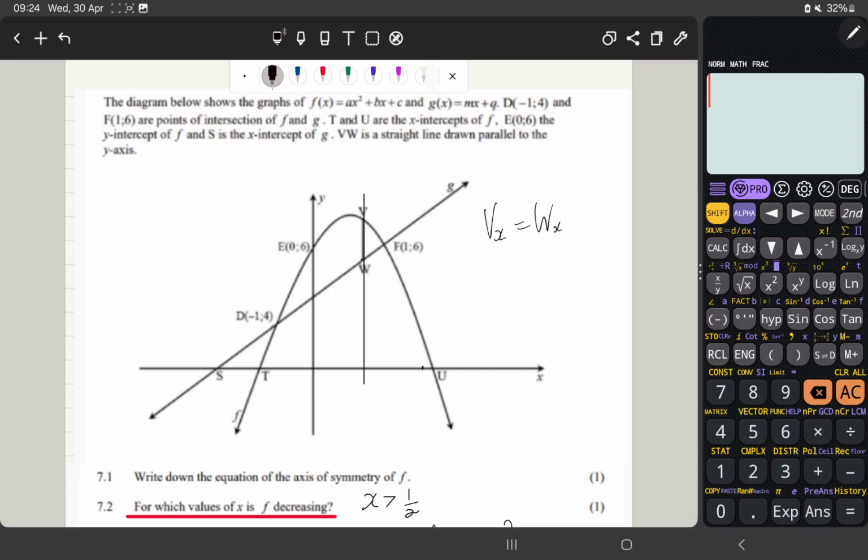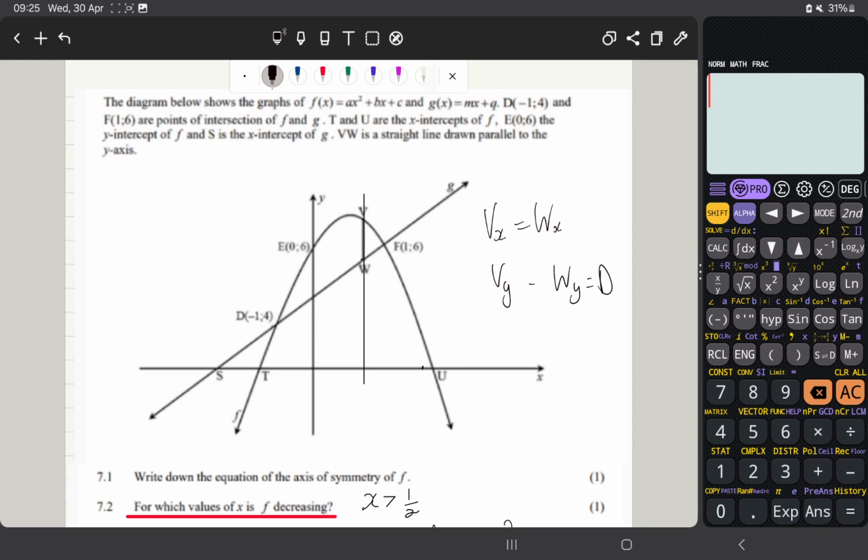They have the same x value, but what is not the same is the y values. And for us to calculate the distance, you're gonna say Vy minus Wy, right? It's gonna be the distance, because if you do the distance formula, the same x values are gonna cancel out each other, and what's left will be the y values, and they will give us the number we want.